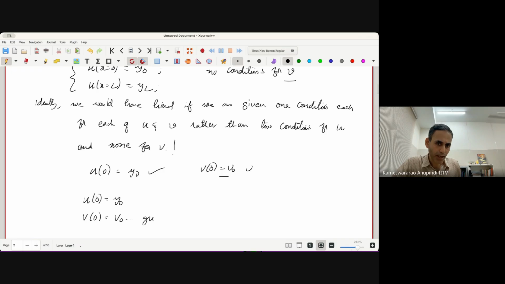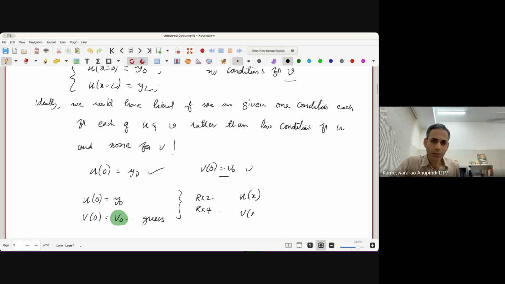So we basically make a guess for v of 0. Then with that guess, I'm going to apply my standard techniques such as RK2, RK4, etc. and solve for u and v. That means I want to solve for u of x.